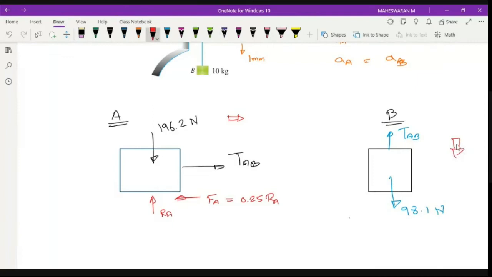This movement is important because that is the point where you will consider the direction. That direction will be the positive direction, and that is where you can implement the friction and your dynamic equilibrium, mass into acceleration, right? That will be included only based on this motion.